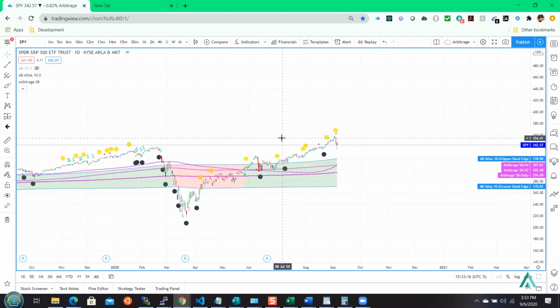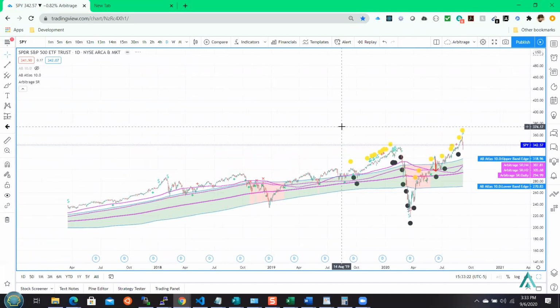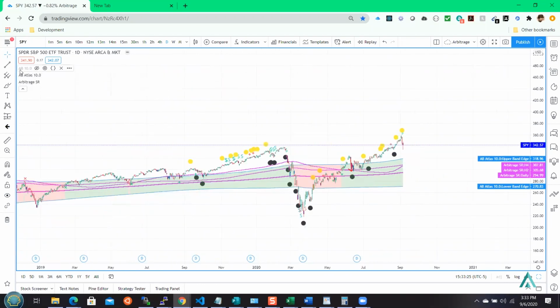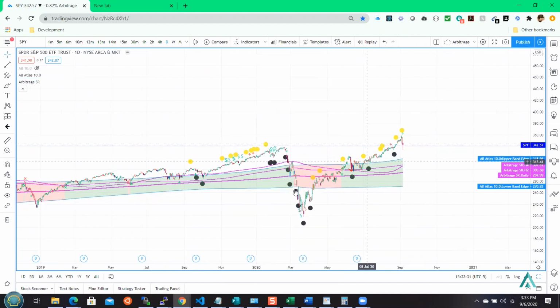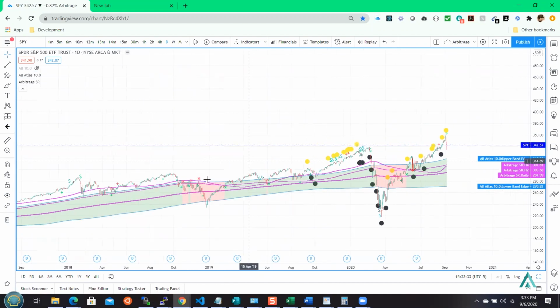Same thing is true if you're using it in conjunction with Atlas, it also gives you some more perspective. Something else you may or may not notice, I'm set to advance on this band, and because I'm set to advance, the center line that I erased out of the Atlas indicator becomes the center line that we see if I'm set to advance on Atlas.